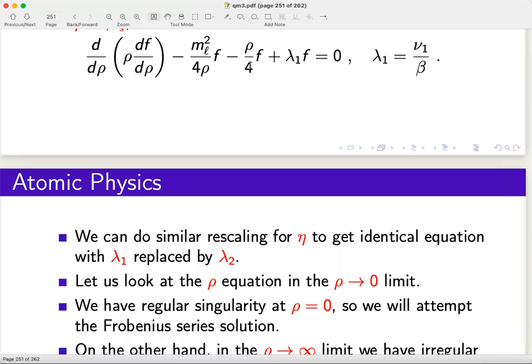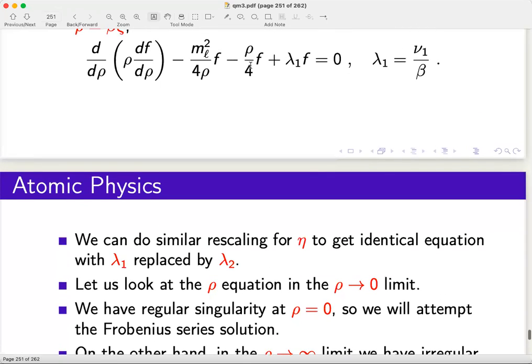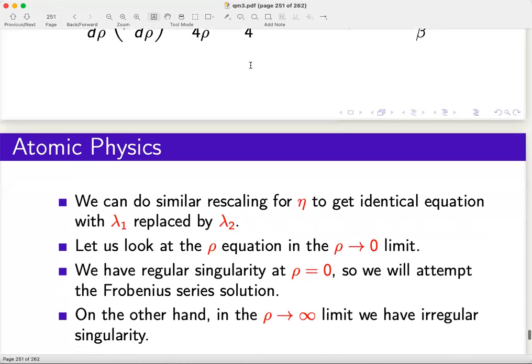That is just as well, because we want our wave function to be exponentially damped as you go to large values of the independent variable, which in this case is rho. If it is falling exponentially, then this kind of wave function is square integrable.